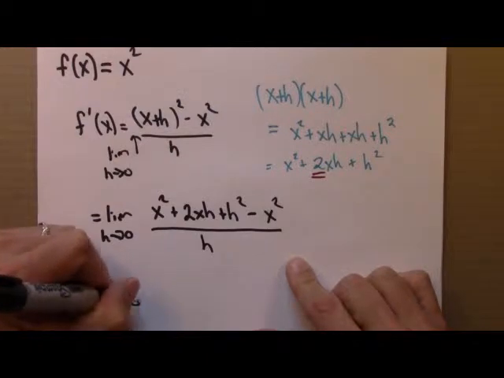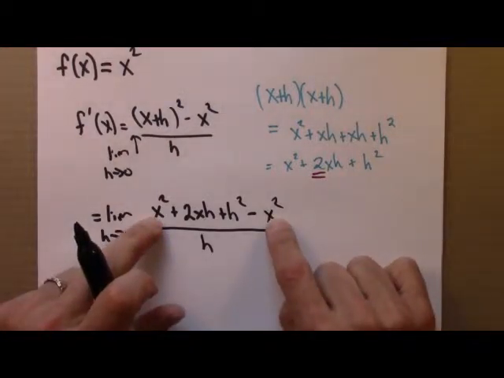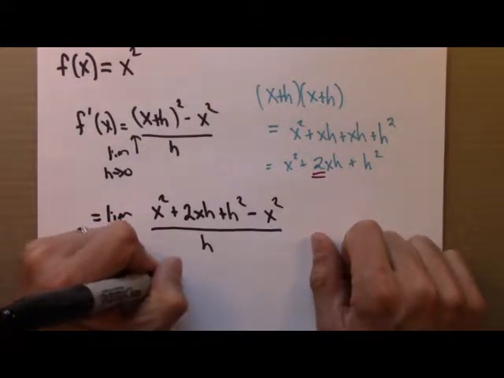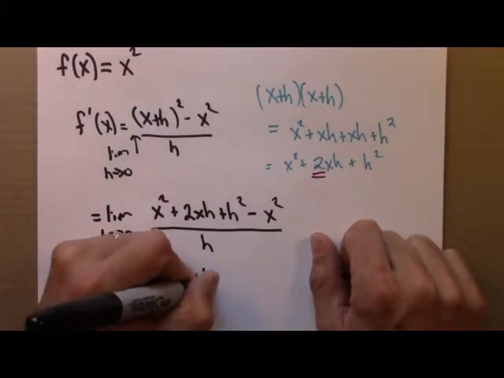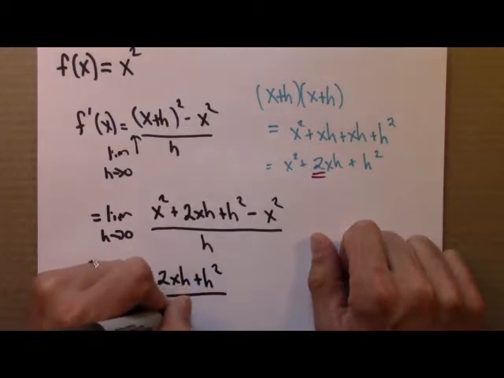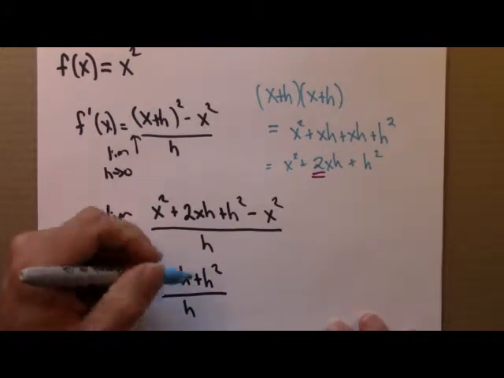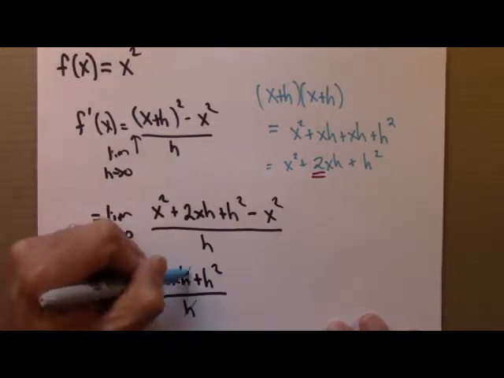Still have the limit. x squared minus x squared is 0. That's nice. We've got 2xh plus h squared over h. And now I can cancel h's. So I can get rid of this h and this.